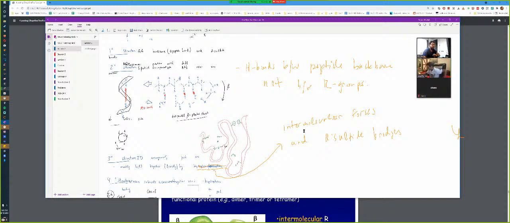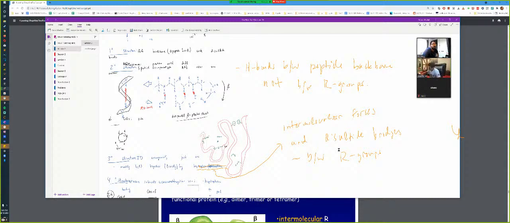And then also disulfide bridges, because disulfide bonds are intramolecular, so that's in addition to that. And I should also write it's between the R groups. So secondary structure does not include the R groups, but tertiary involves the R groups.